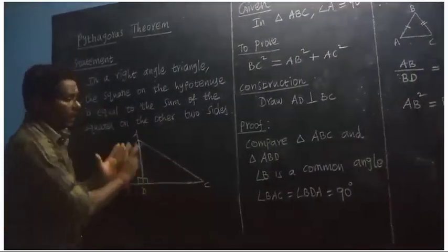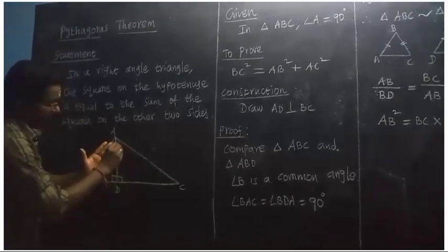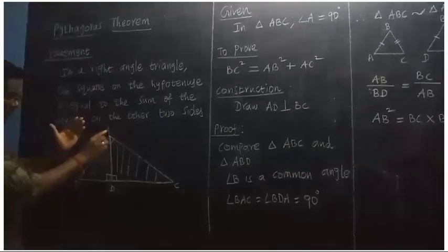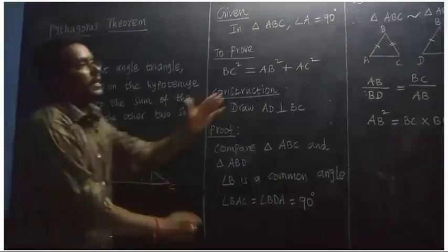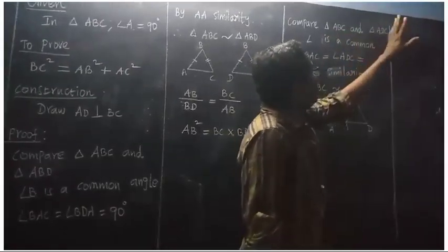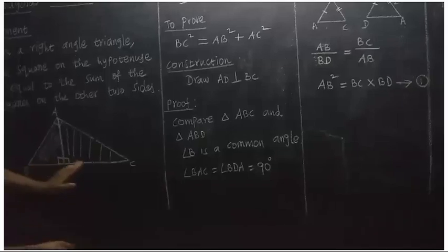Next, take the whole triangle ABC and the second biggest triangle ADC. Compare triangle ABC and triangle ADC. Here which one is the common angle?